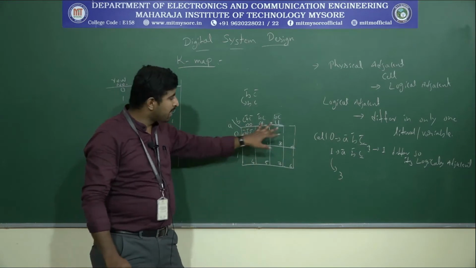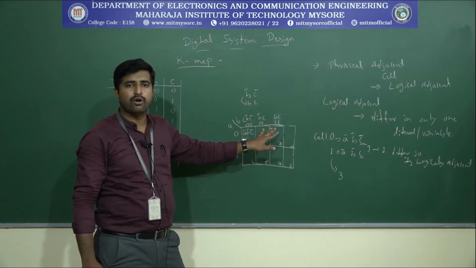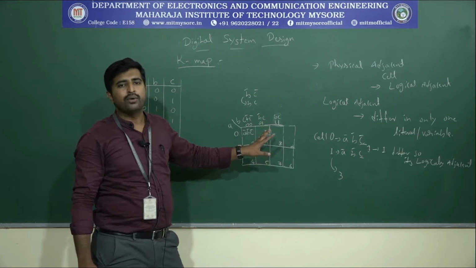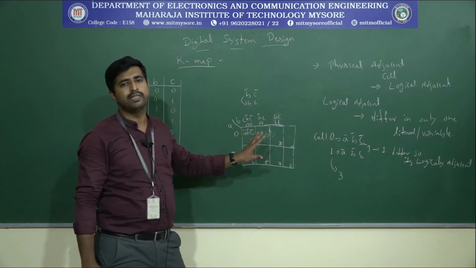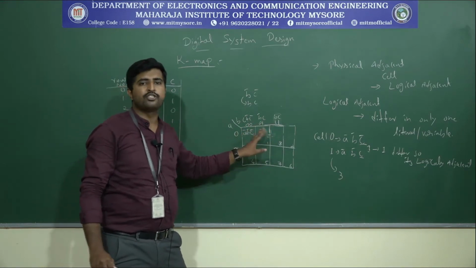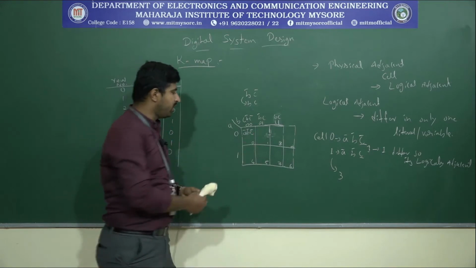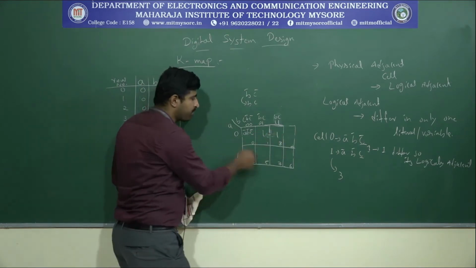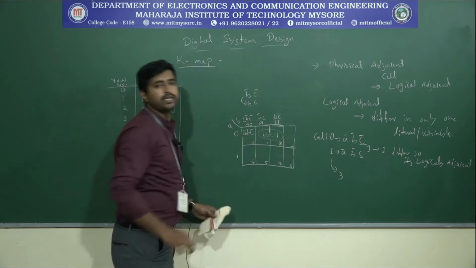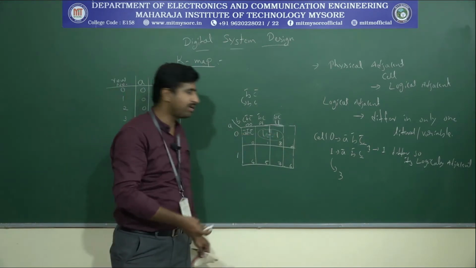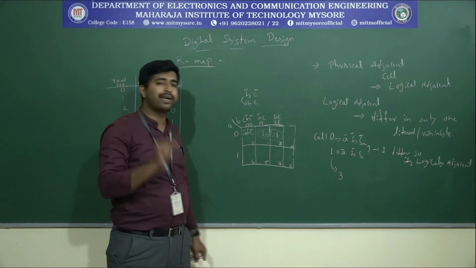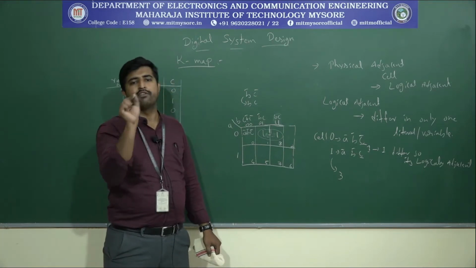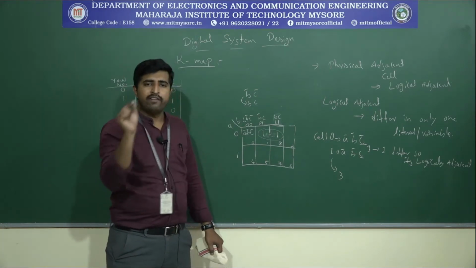Why we have rearranged it: in a K-map we need logical adjacency. Why should the logical adjacency be there? When we write the values 1 1 as output, we are going to make a group. We will get to know that later. The adjacent cells will be made into a group. Why do we need to make a group?